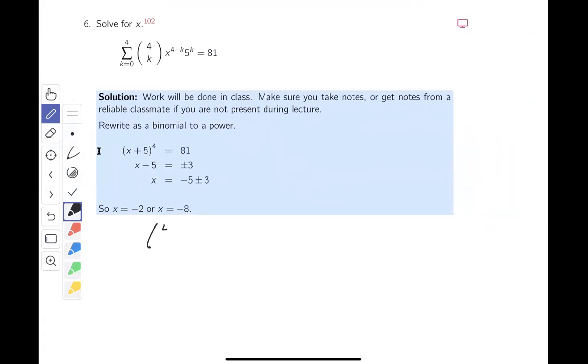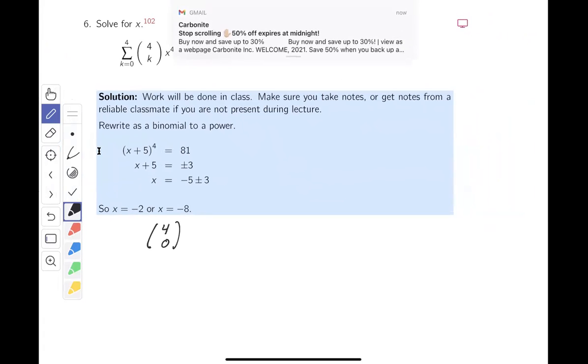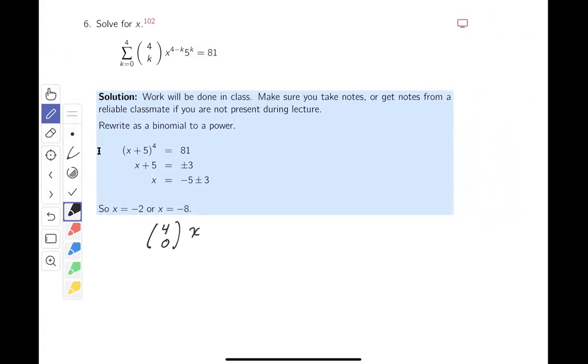It's going to be 4 choose 0, x. Give me one second. Let's see. 4 minus 0 is 4. And then you get 5 to the 0. All right, let's keep going. Plus 4 choose 1, x cubed, 5 to the 1, plus 4 choose 2, x squared, 5 squared.